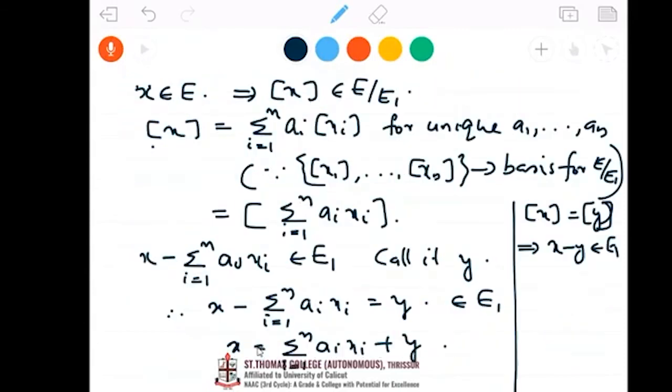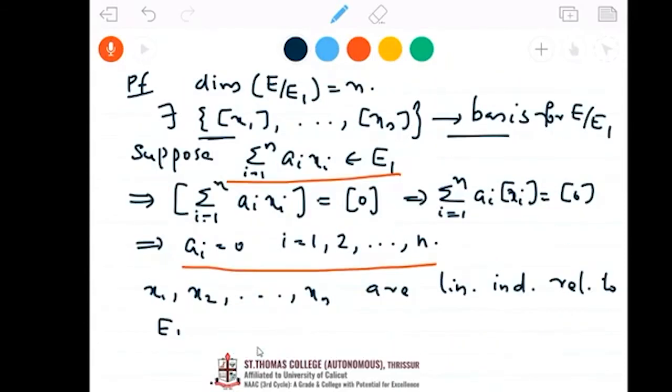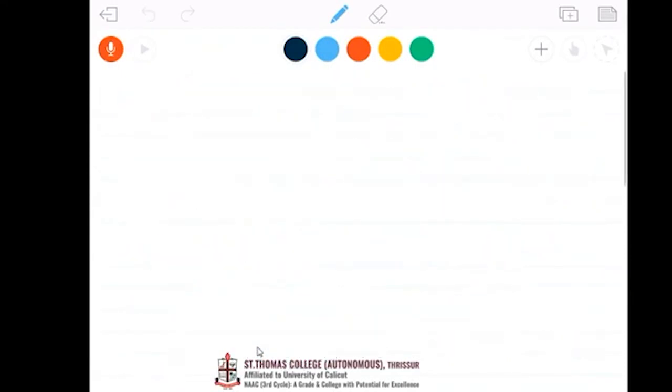That's what we have to prove next. Then we are assuming that star is true. Star means the condition I have marked as star in the statement of the lemma.